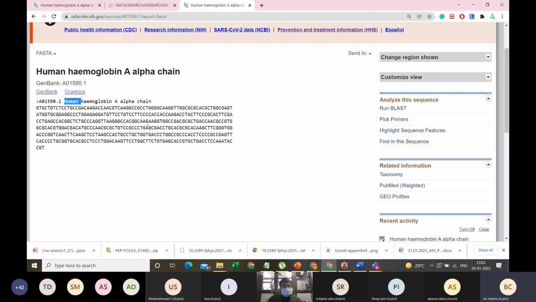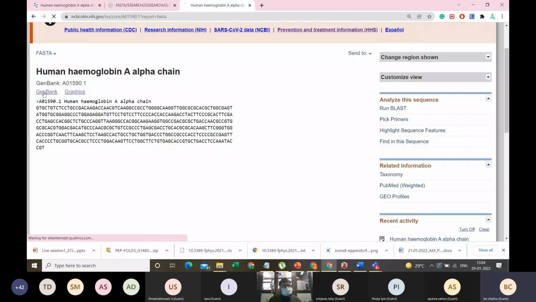If you ever want to construct your own FASTA database for your own customized work, always remember that the FASTA format starts with the greater than sign, contains the accession number, and has the short description followed by the sequence. So this is the FASTA format.